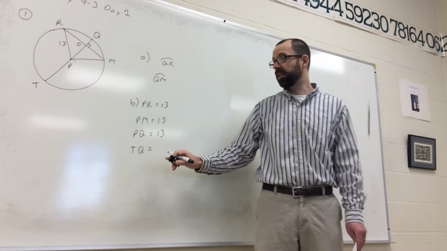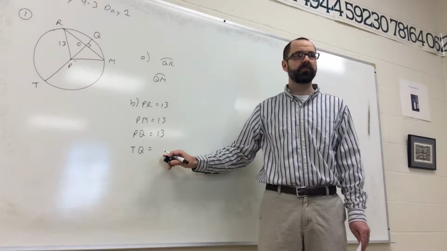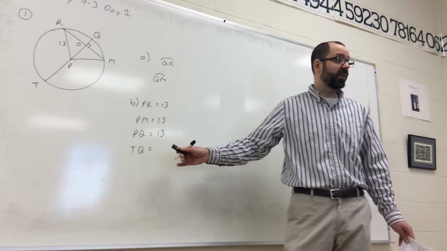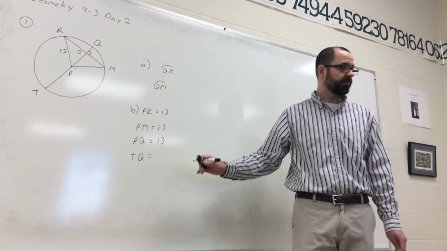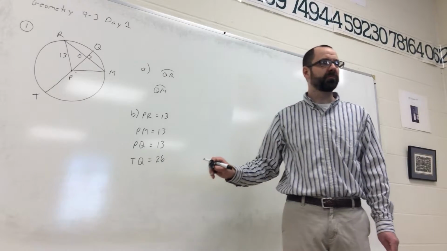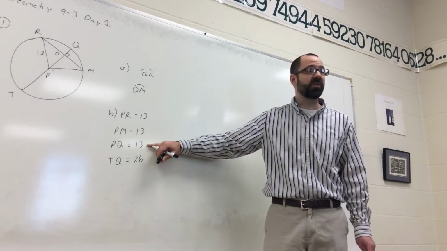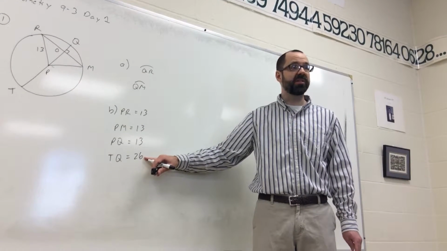So how about T to Q? Yeah, Judah? 26, because it's a diameter, right? So it's twice the radius. So this question was basically saying all the radii of a circle have to be the same, and then the diameter is going to be twice as big.